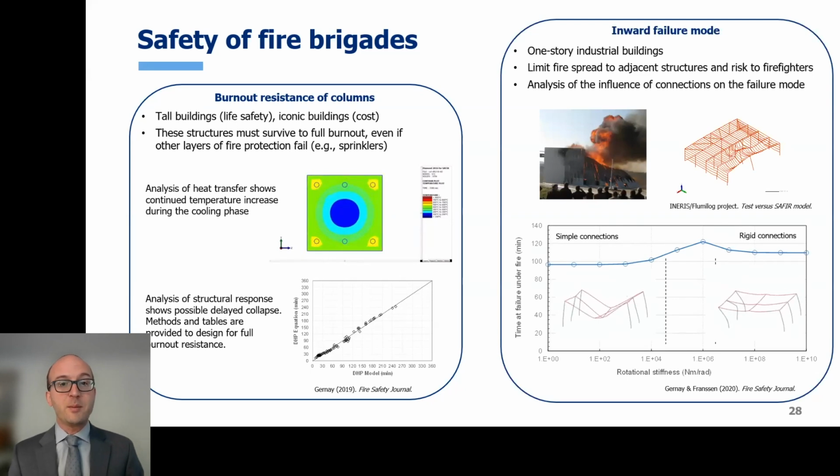Another application that I mentioned at the beginning of this talk was the collapse mode. So in some cases, we want an inward failure mode for buildings after everybody was able to evacuate, obviously.